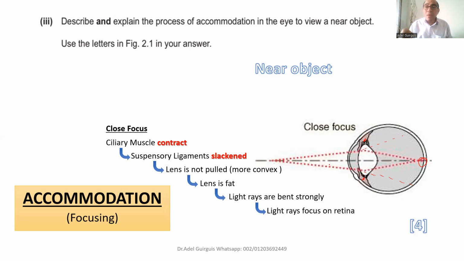The reverse for a far object: light rays come parallel, so no need for more refraction. Less refraction is needed, so the lens becomes thinner, flat. How come?